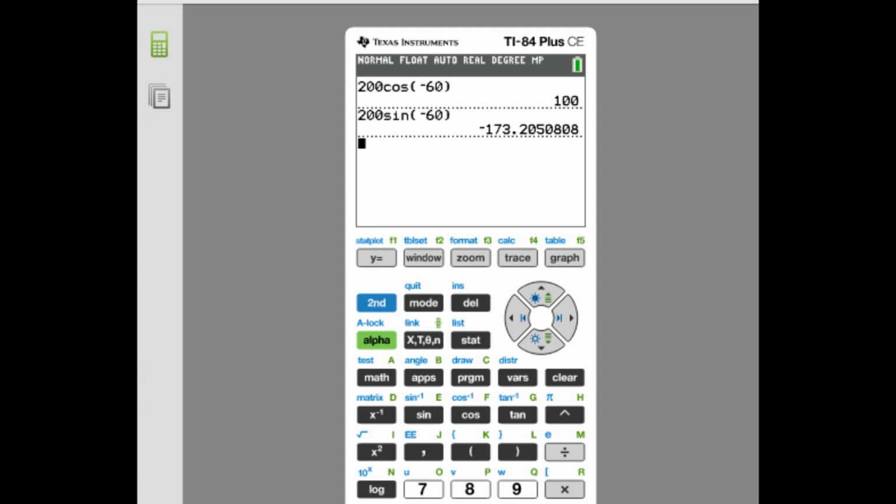That's going to be what? 100i minus 173.2j.